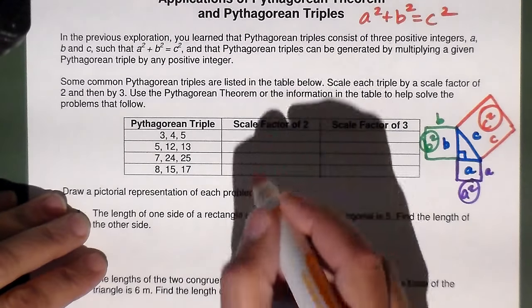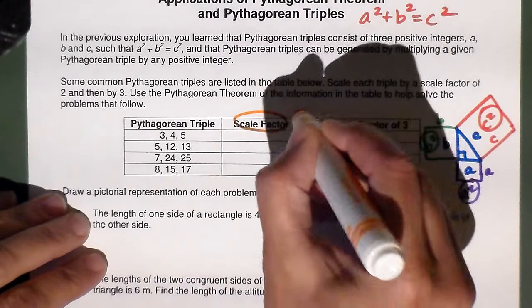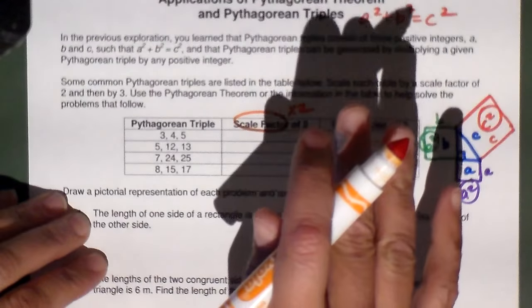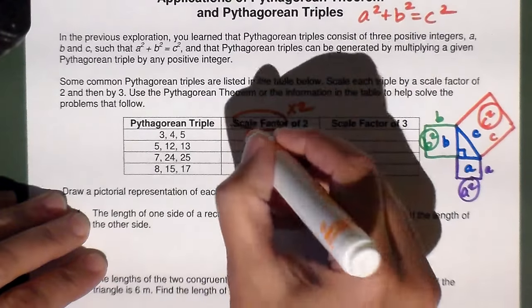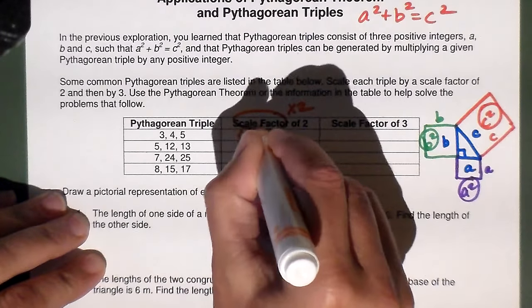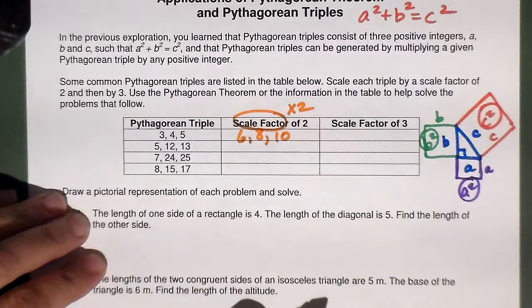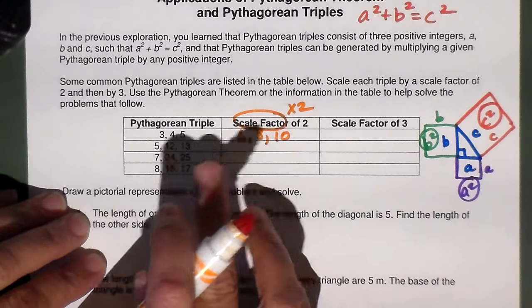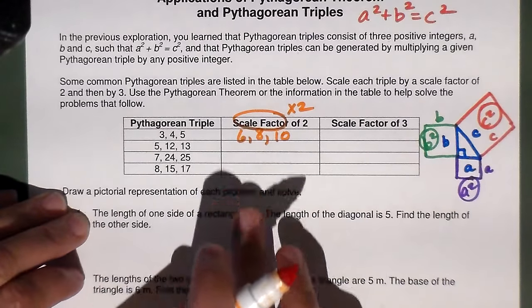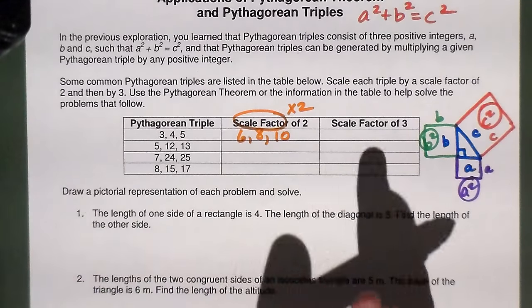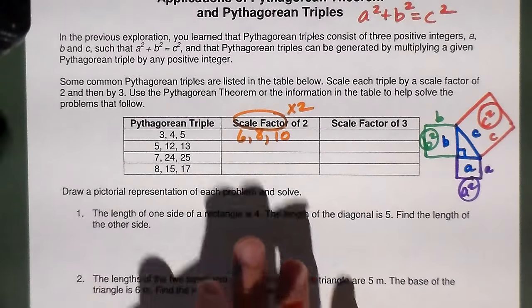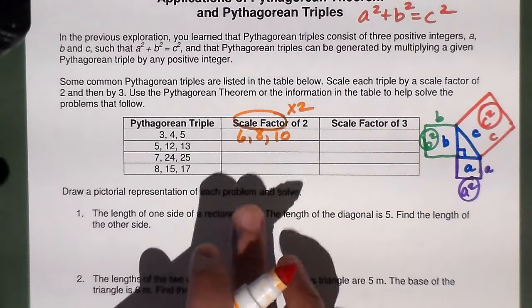Now by the same token, when we get into scale factors, if the scale factor is 2, that means I multiply all the sides times 2. 6, 8, and 10 would also be a Pythagorean triple, because with 3, 4, and 5, if I double 3, double 4, double 5, I get 6, 8, 10. I have to multiply all 3 lengths by the same number.